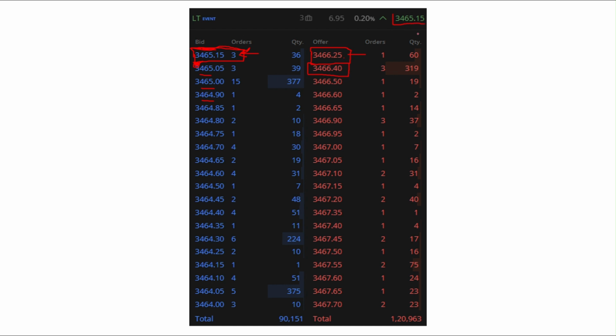And you see this thing, 3466.15. This is the last trading price. Why is it called the last trading price? Because, as the name suggests, this is the price at which the last trade of that stock took place. Okay. Now suppose there is bullish sentiment, or simply a lot of demand, so buyers will be placing bids higher and higher and higher.